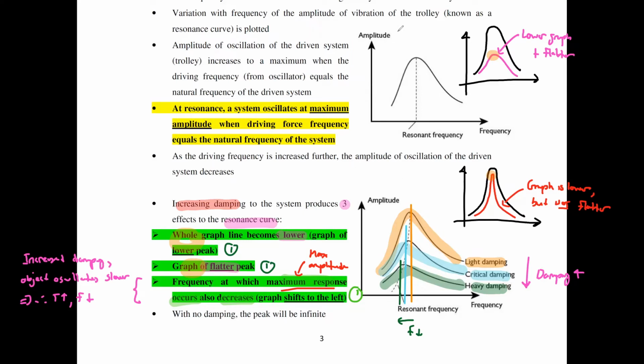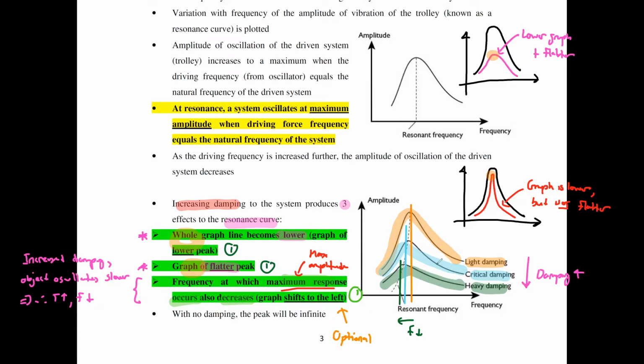Okay, but one thing to note here is this. When it comes to drawing your resonance curve to increase damping in your exam questions, the important ones to follow would be the first and second criteria. The third one is optional to follow. You can show it, you can choose not to show it. It will still be acceptable either way. Okay, so that's one thing to note.